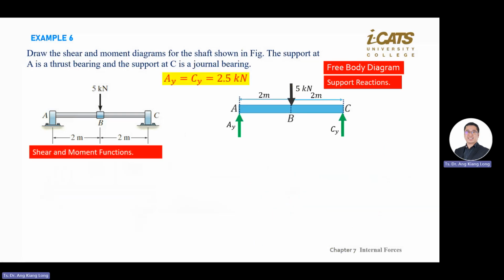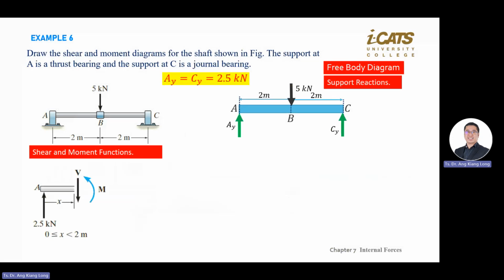So what is important is the V and M. Okay, so V and M, we start to do analysis. You know your AY already, you know your CY. So you start from the left, because your X is 0 here, maximum X is at C, so you start from A. Then you go in the X direction, X distance, we don't know, but you just define it.